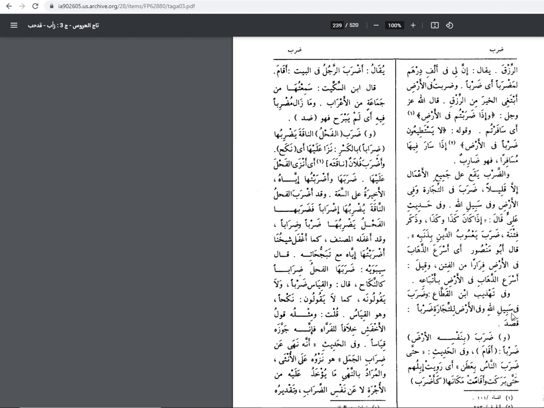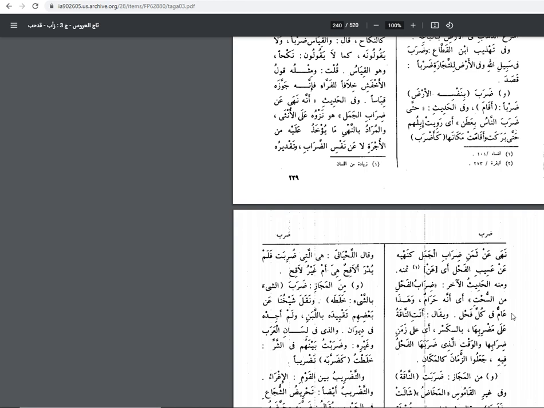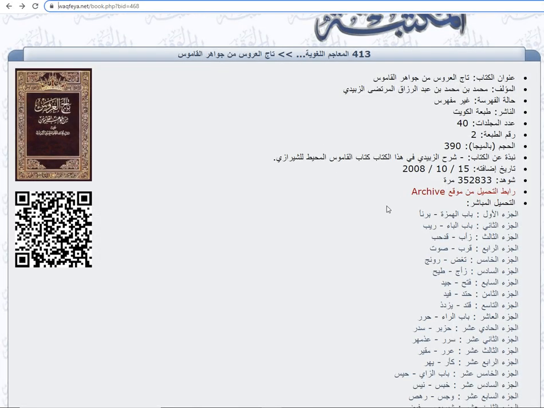Let us now look for another word, Taqwa. So we will go back. It is important to first identify the root letters of Taqwa, which are actually Waw, Qaf, and Ya. So we will look at the last letter, which is Ya.